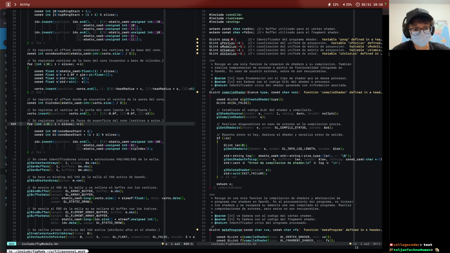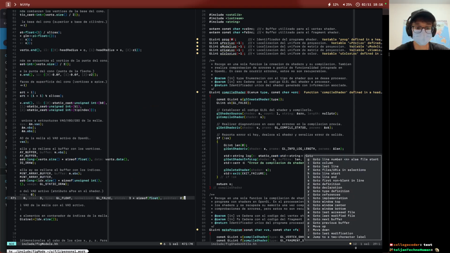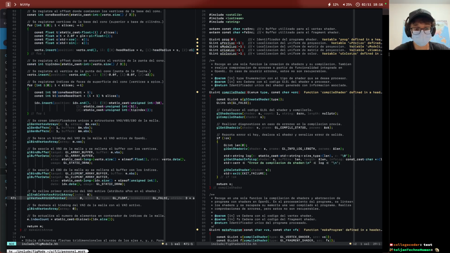Goes ahead, binds it, draws the VBO, or rather, loads the VBO, loads the EBO, so vertices data, index data, loads the position.